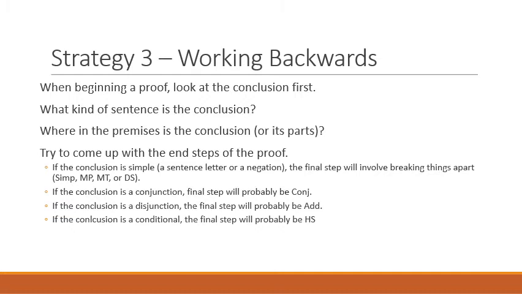It depends on where you're going to be pulling that letter out of. Remember, simplification only works on conjunctions, modus ponens and modus tollens only work on conditionals, and disjunctive syllogism only works on a disjunction. So that's the breaking apart stuff.